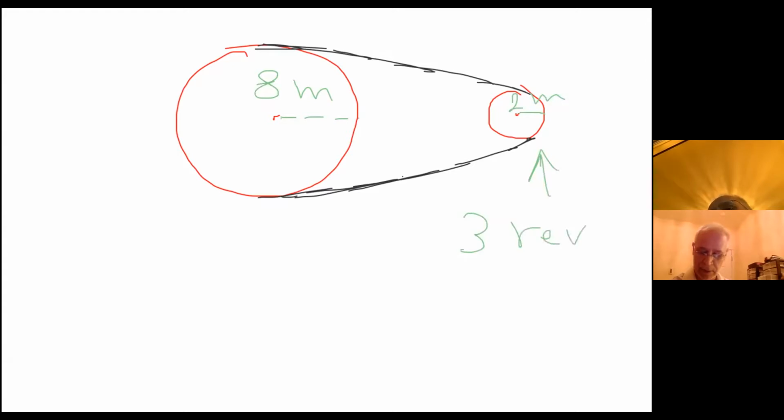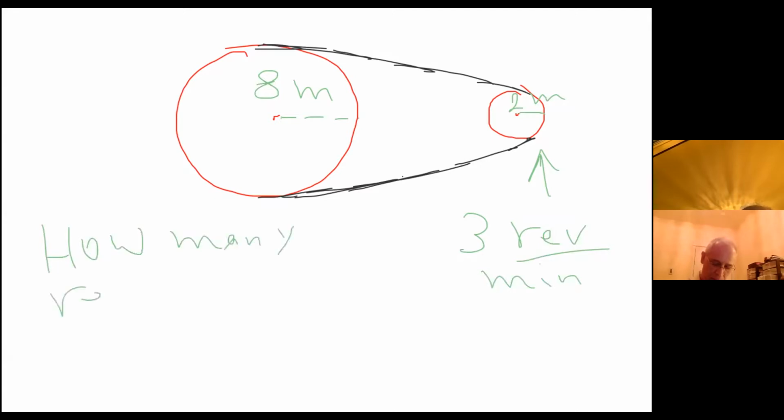The question is, if the smaller one is being caused to rotate by some motor, how many revolutions per minute for the large pulley?